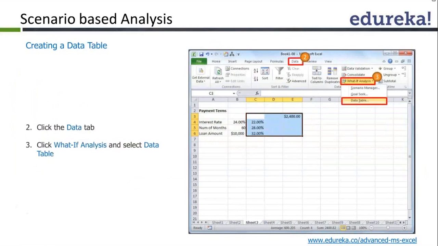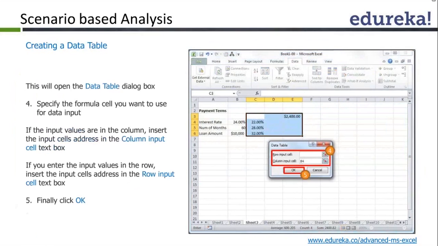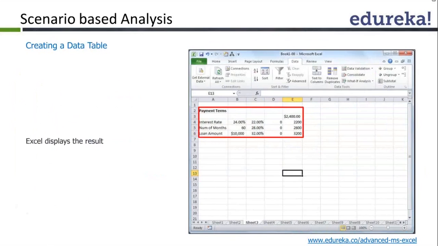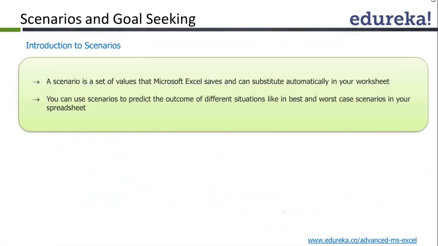You can do data, what if analysis and use the data table option, column input and row input. Select the range, column input and row input, and then you can get this particular data table. So these are some of the advanced features of Excel.